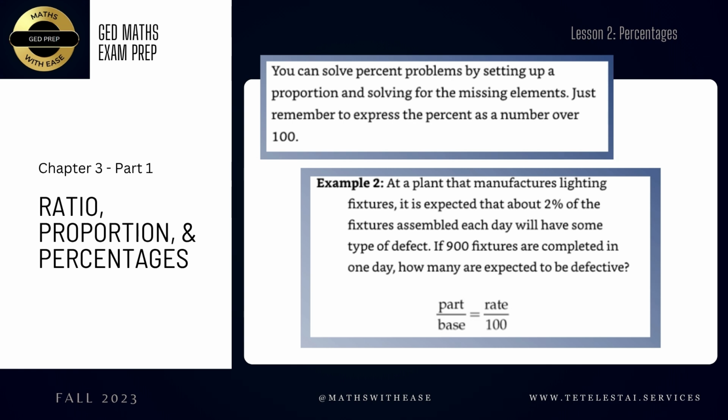It's asking you for a part, right? Because of those 900 fixtures, every single day you're making 900 fixtures, okay? And every single day out of that 900, a part are going to be defective, but we don't know how many. So since we don't know how many, that means that part is our variable that we're going to represent as X, okay?